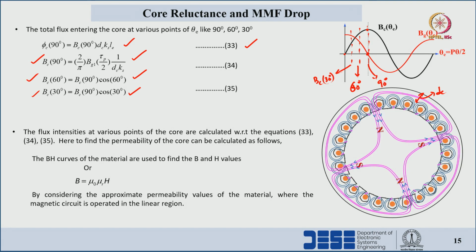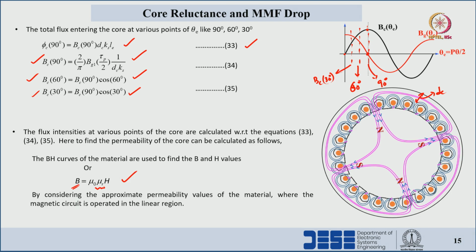For these instants, we will calculate the average flux intensity based upon the BH curves. Okay. So, B equals mu into H. If it is linear, then we can directly consider some relative permeability value and find the flux density.